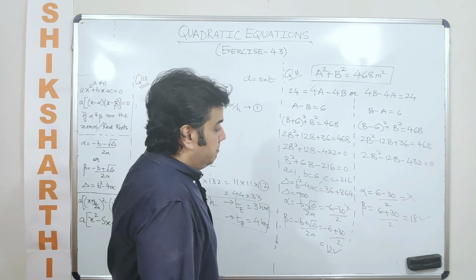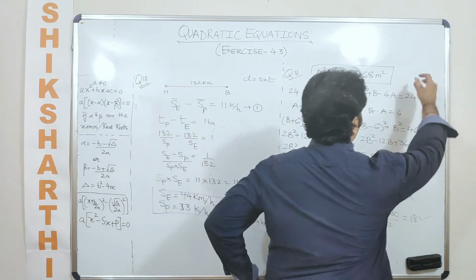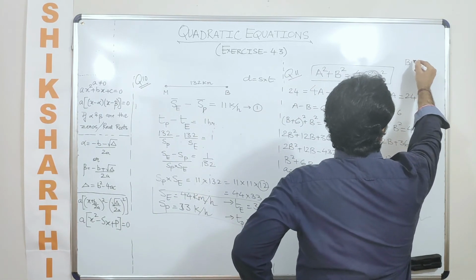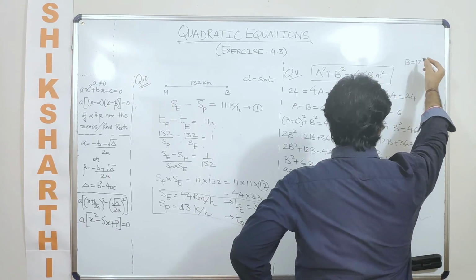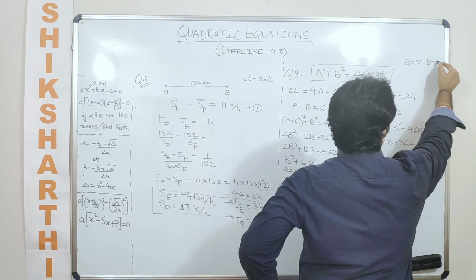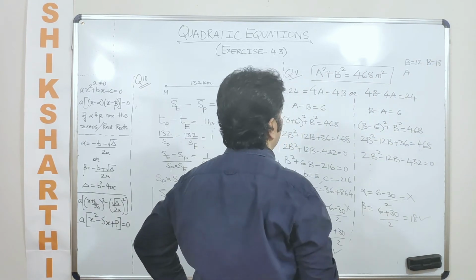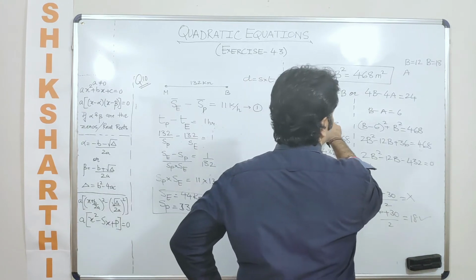Now, what is the value of b, your capital B, that you are getting finally? So you can say that you are getting two cases for b. One case you are getting the value as 12, the other case you are getting the value of b as 18. Now in this case, you know that the difference between them is 6.